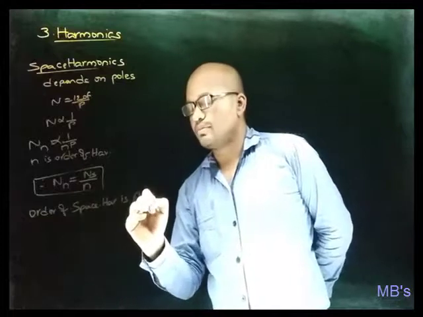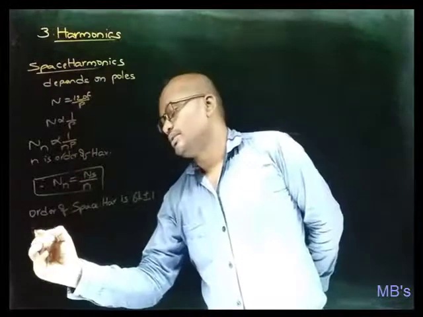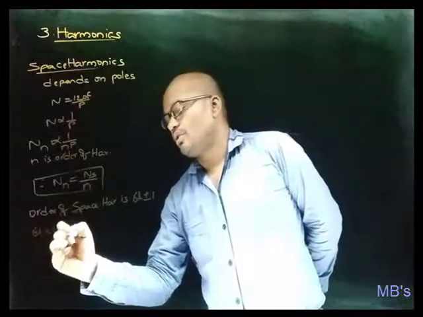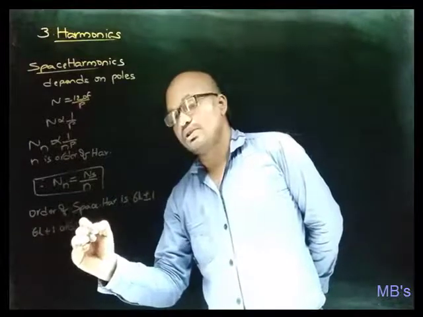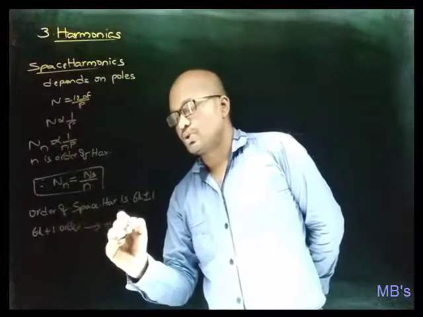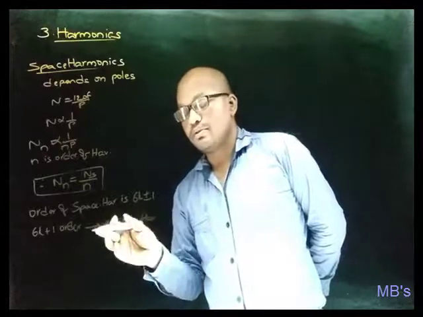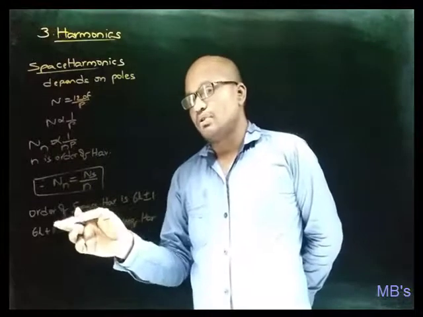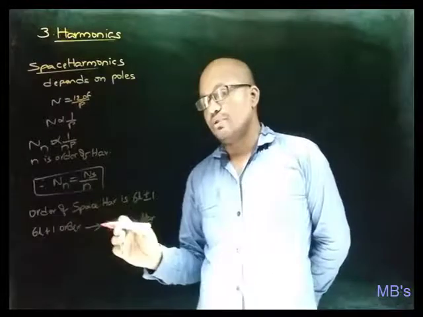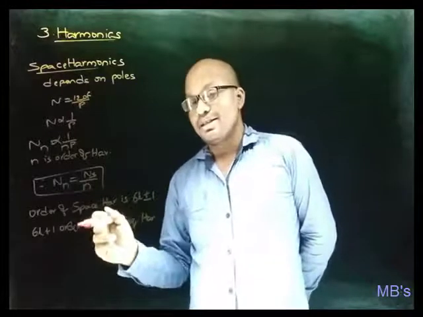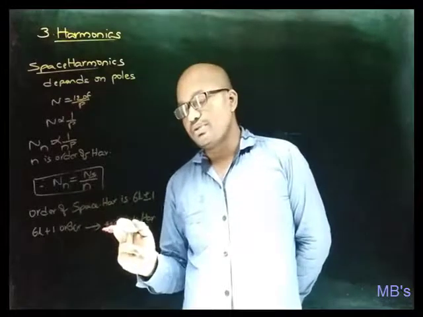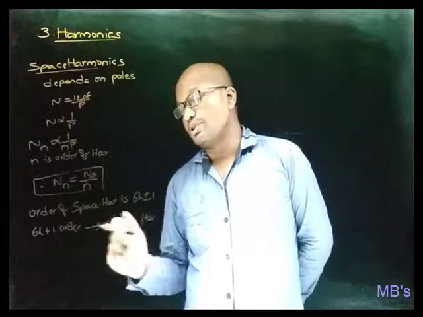The order of space harmonics is 6k plus or minus 1. 6k plus 1 order harmonics are called positive sequence harmonics. Why? Because the harmonics of 6k plus 1 order will rotate in the same direction as the rotating magnetic field. That is why they are called positive sequence harmonics.